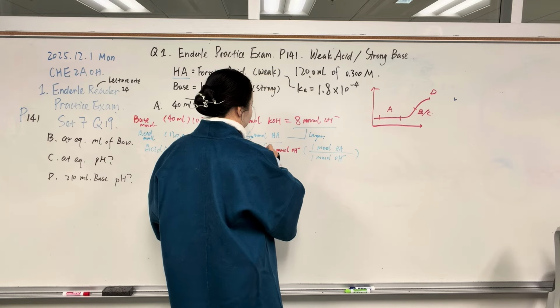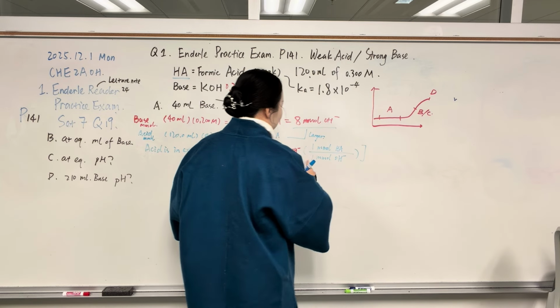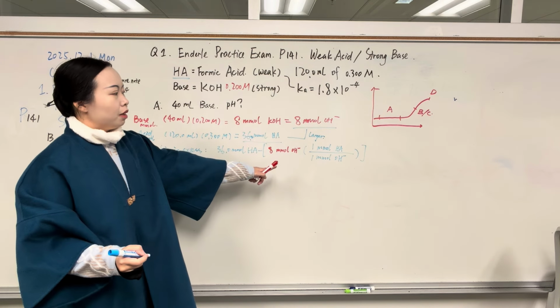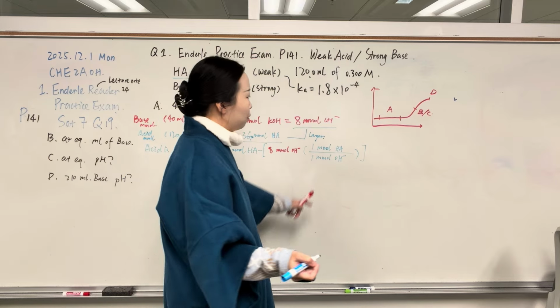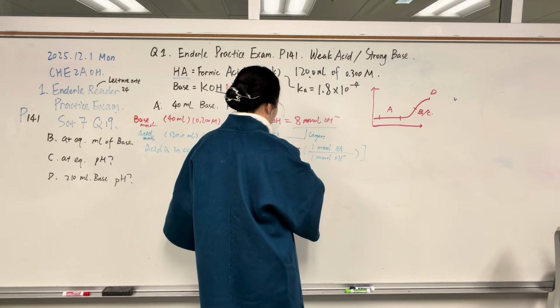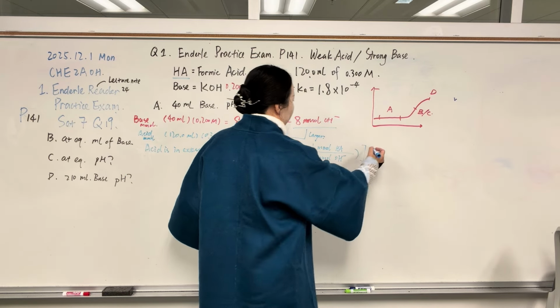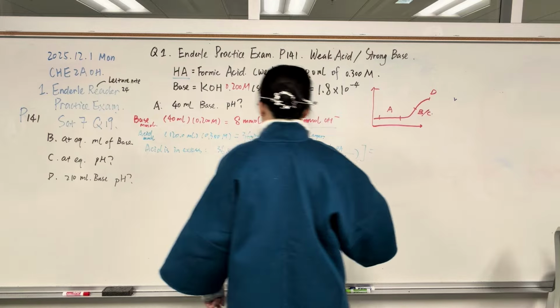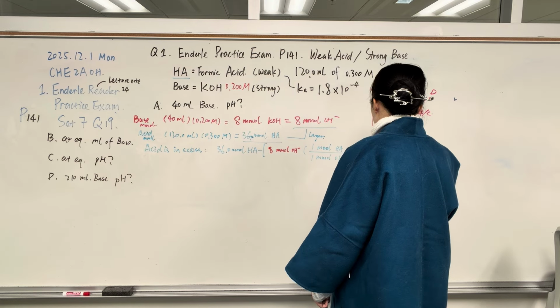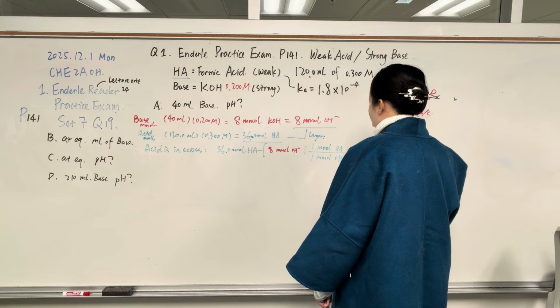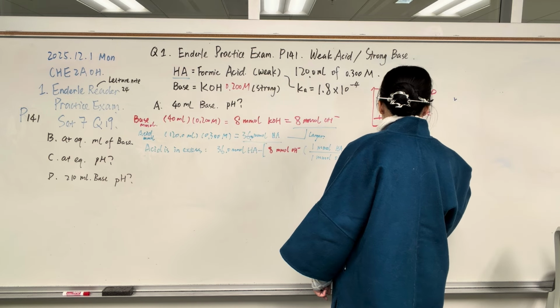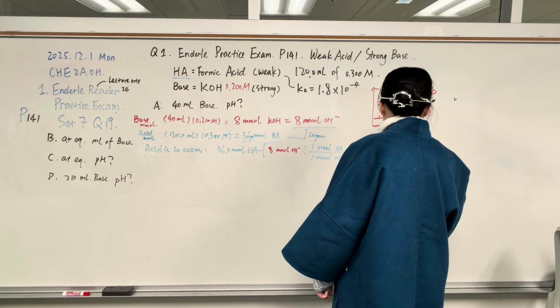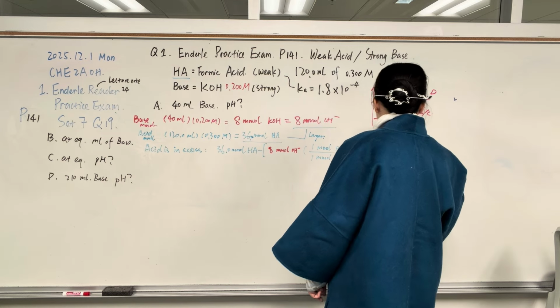Overall this 1 times 1 doesn't really matter, but it starts to matter in your last lab, where you have more protons, diprotic versus monoprotic. Then I have 28 millimole HA remaining.